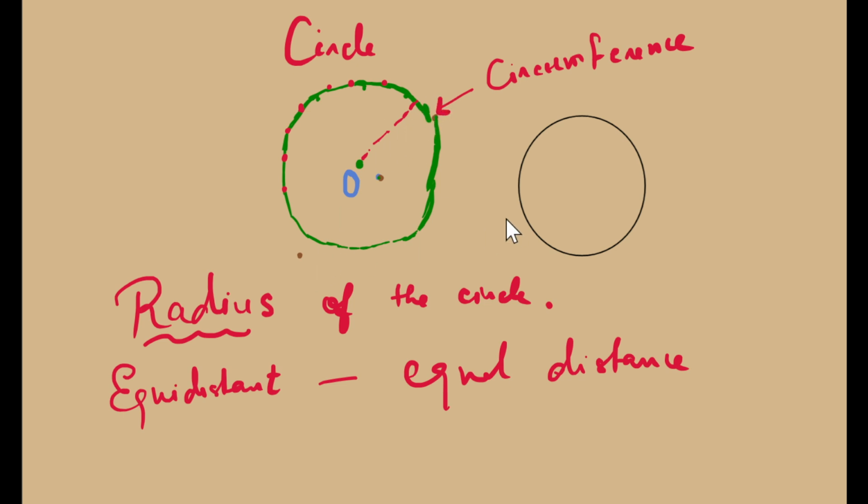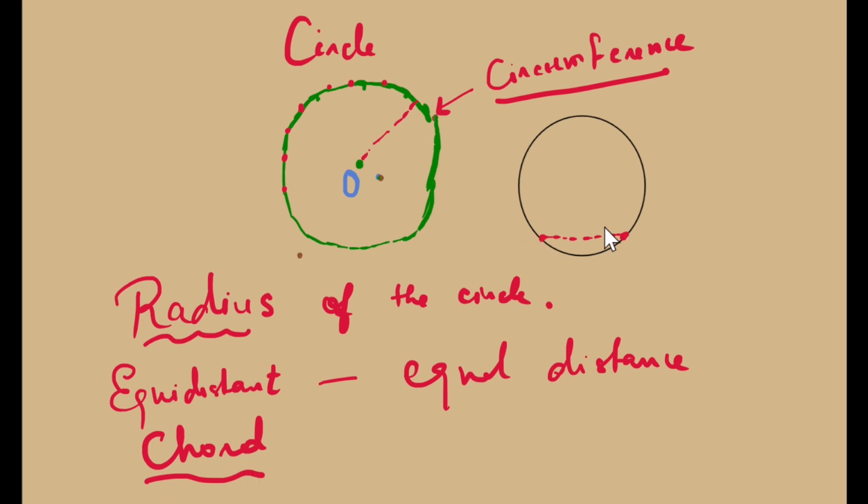And now let me define one more terminology. If you connect any 2 points of the circumference, let this be one point and let this be another, and you join these 2 points, the line segment so formed is called the chord of the circle. So now we have a third name, chord. Circumference, radius, chord.